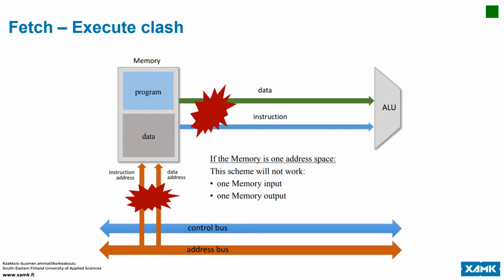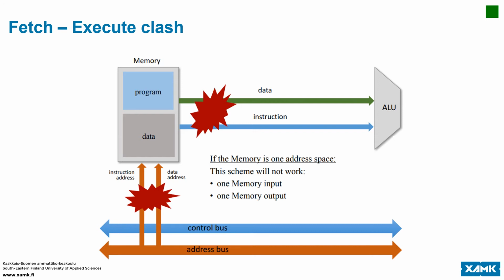So the problem illustrated here is that if we have both data and program code in the memory, but we only have one process in which we load data from the memory, then effectively we only have one output. Similarly, to control which parts of the memory we should transfer to the ALU, we only have one input, so we do not have different data buses for the instructions and the data.